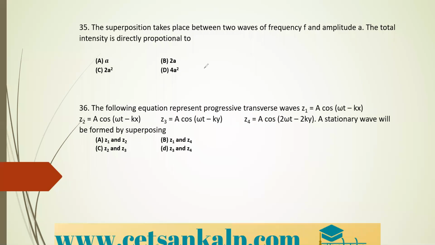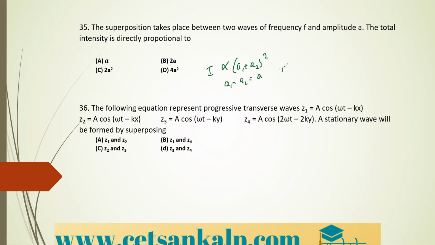So here, intensity I is proportional to A1 plus A2 whole square, because they are superimposing. They are saying that A1 is equal to A2, which is A itself.